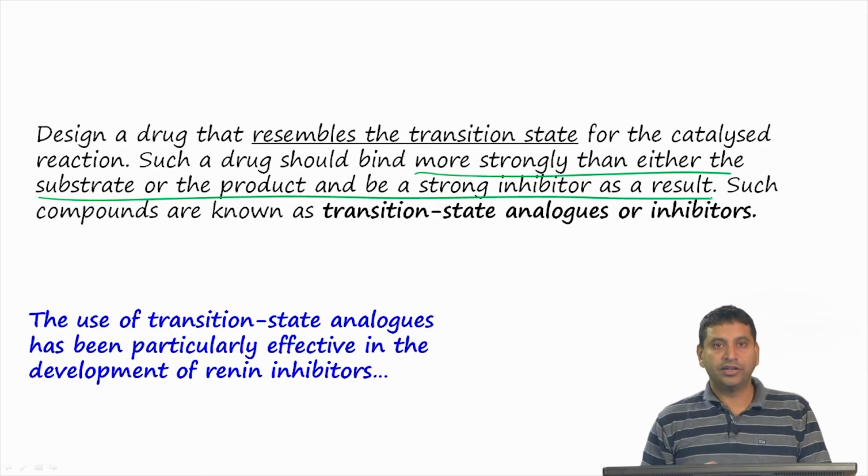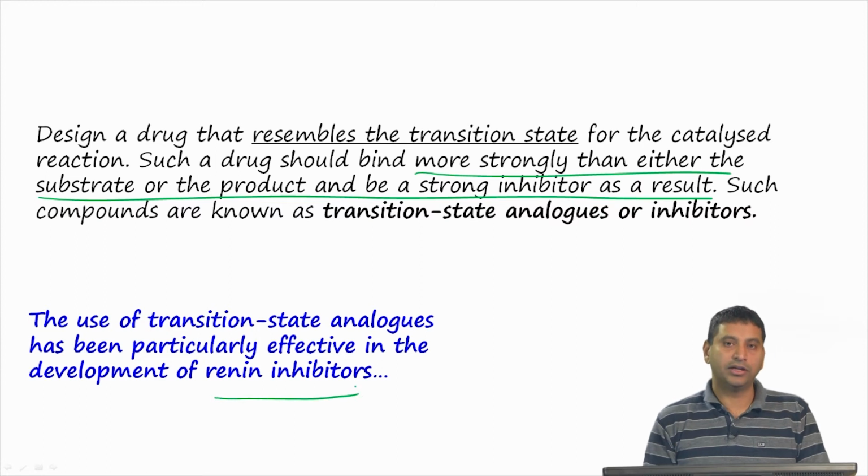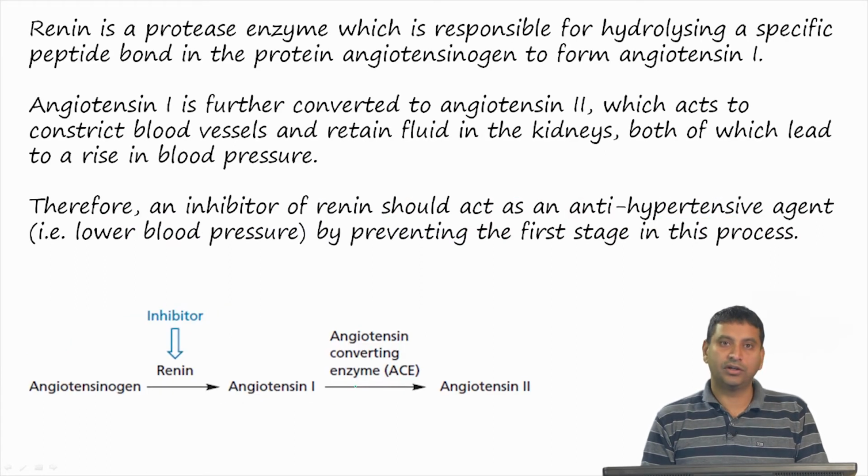The use of transition state analogues has been particularly effective in the development of renin inhibitors, which we have looked at in class. So, let us recap this once again. Renin is a protease enzyme which is responsible for hydrolyzing a specific peptide bond in the protein angiotensin.